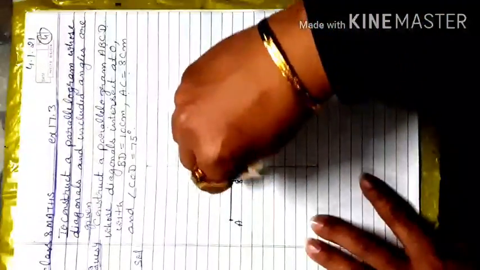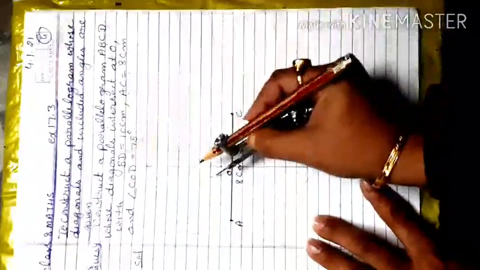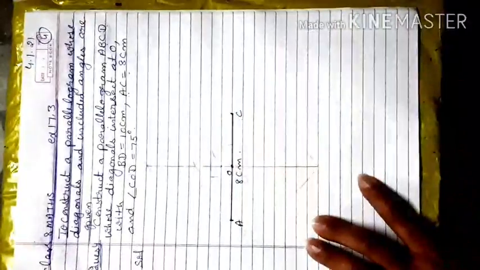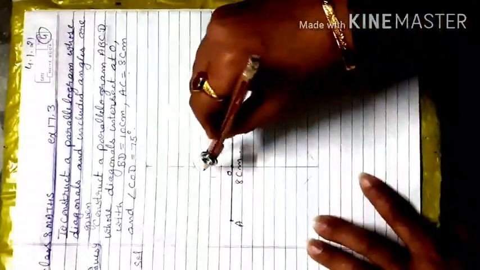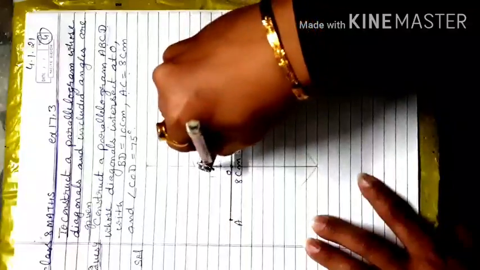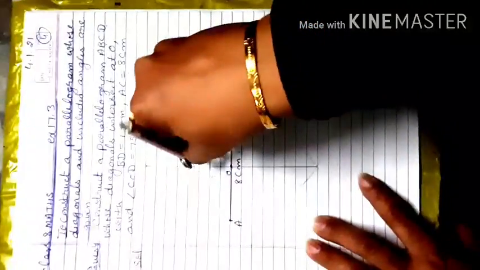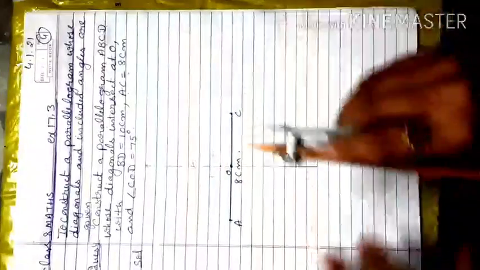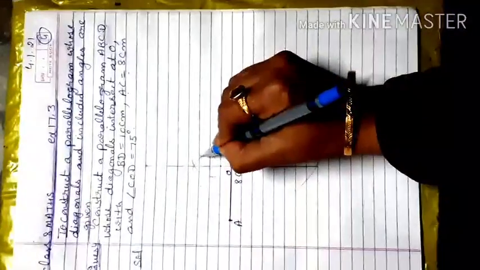So first I will try to draw my 90-degree angle. Exactly, this is same as my 90-degree angle. Half of 90 and 60 gives me 75. So I will mark the point here.